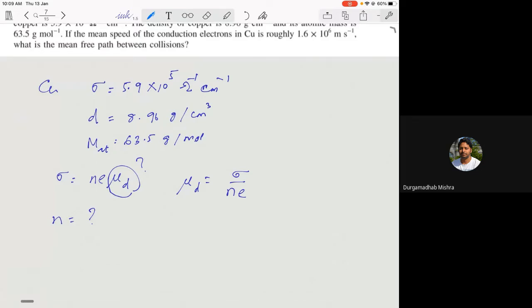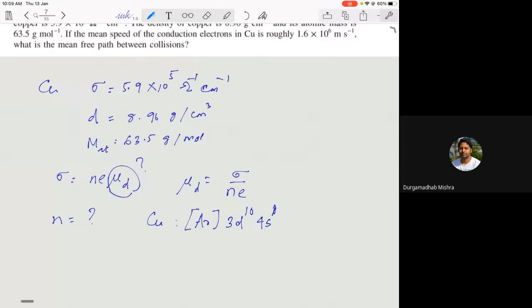Now, let's say if you look at copper, the electronic configuration of copper is argon 3d10 4s1.